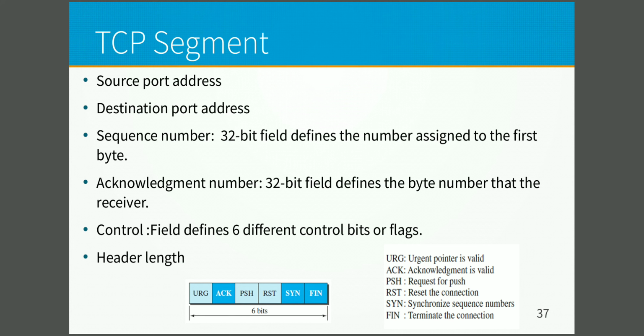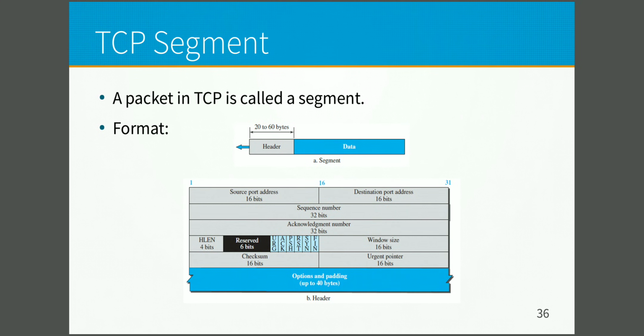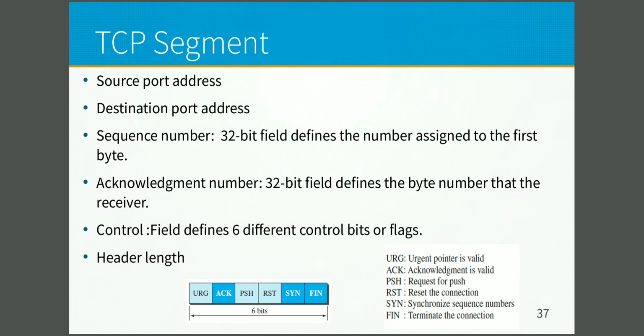During the connection establishment at the very beginning, we generate a random number and use it as the initial sequence number. Then after the sequence number, we have again a 32-bit field, which indicates the acknowledgement number, again which we have already discussed. This acknowledgement number indicates what is the next byte that it has to receive.